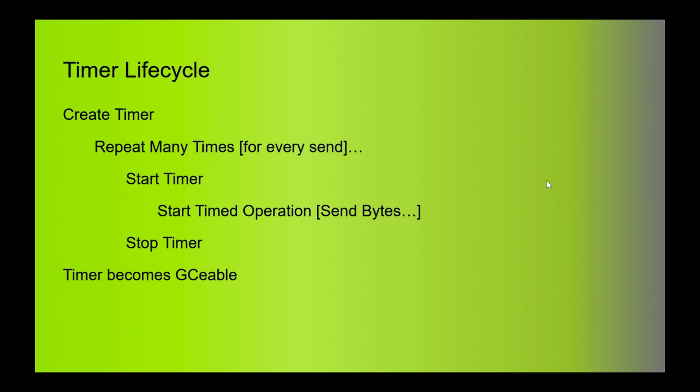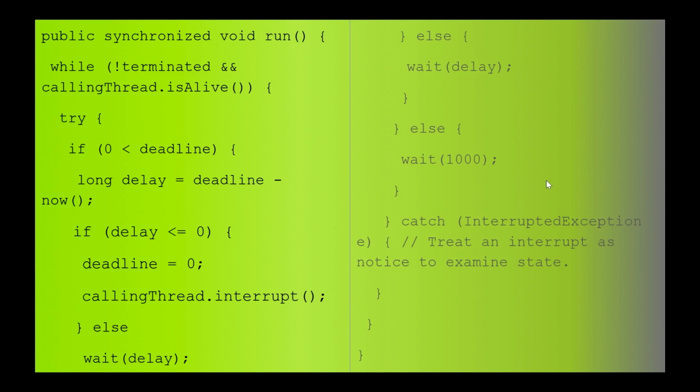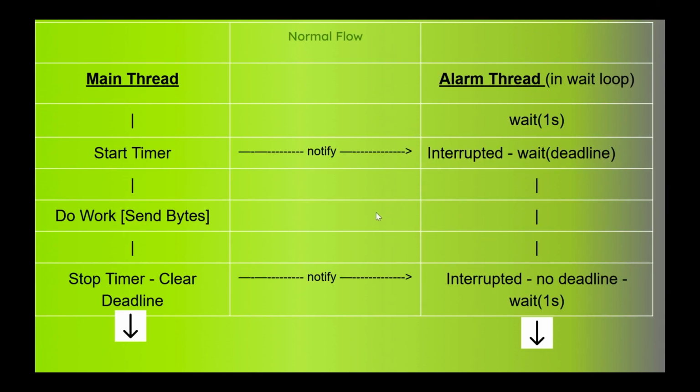So I actually outlined this a little bit. Here's the code, but let me show you the flow. There's your main thread. It starts the timer, sends a notify. The other thread, the timer thread, is constantly in a sleep loop, so it's always waiting to be interrupted, either after a default of 1 second, or if it gets interrupted by the other side.